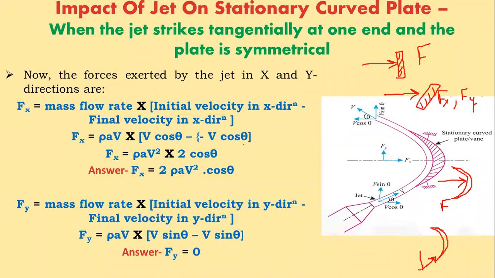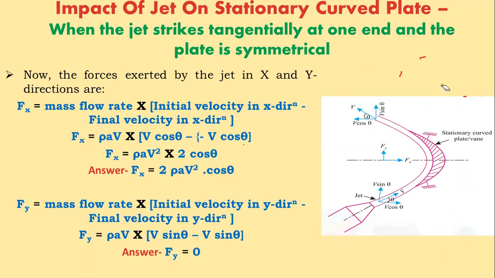So here also it was inclined, so we had to find out Fx and Fy. Just an important point for you to remember. So here we have finished with the impact of jet on a stationary curved plate when the jet strikes tangentially at one end and the plate is symmetrical. So have you understood this? Yes, sir.